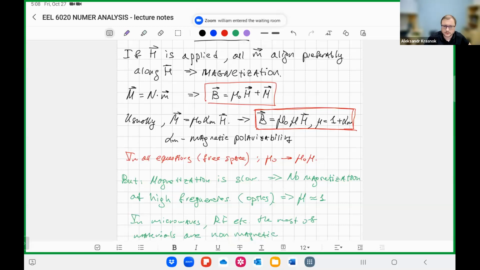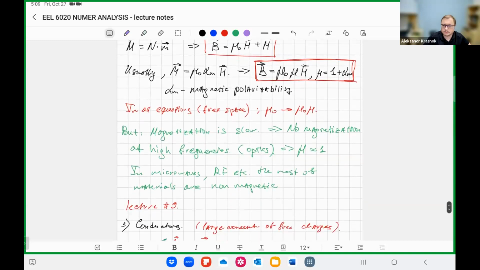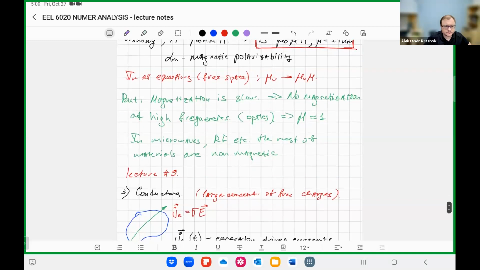So there are no magnetic effects at optical frequencies. Even in the terahertz frequency range, we also have no magnetic effects.